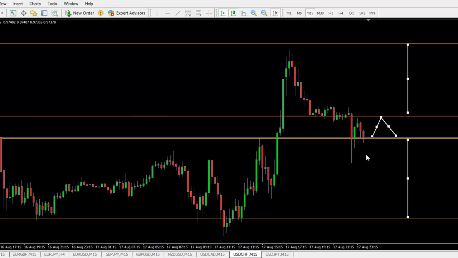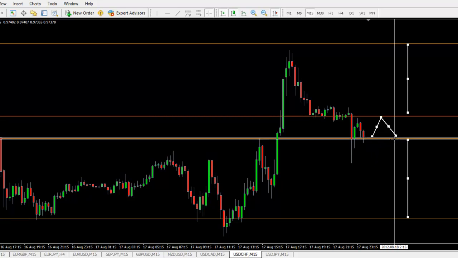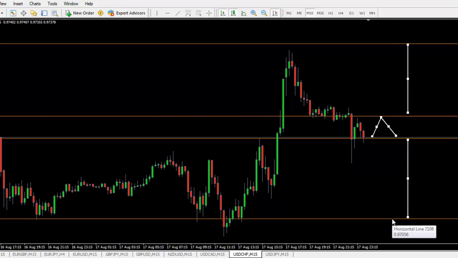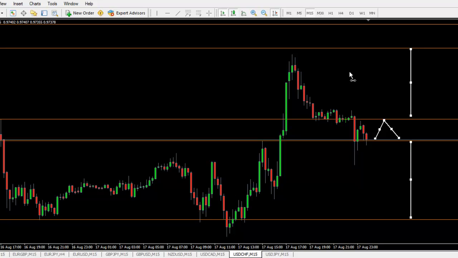If we get a break to the downside, we would need to see some sort of clean entry down to the bottom here at 97.05. Or if we get a break to the upside, we're going to need to see a clean entry up to 97.74. So those are going to be our targets. Those are going to be our points of interest for the day on the USDCHF.